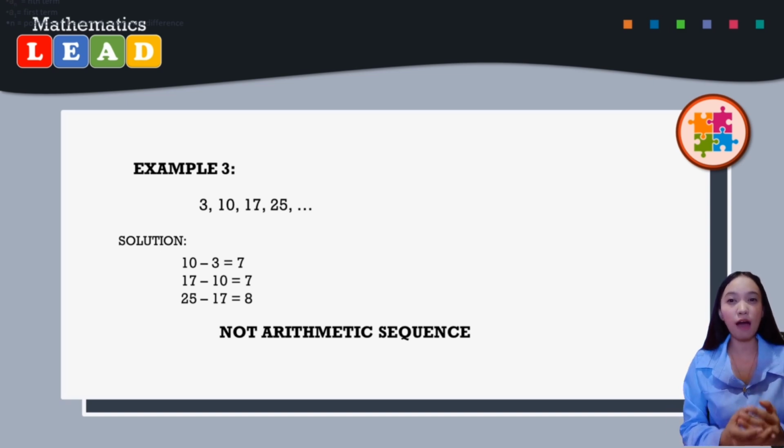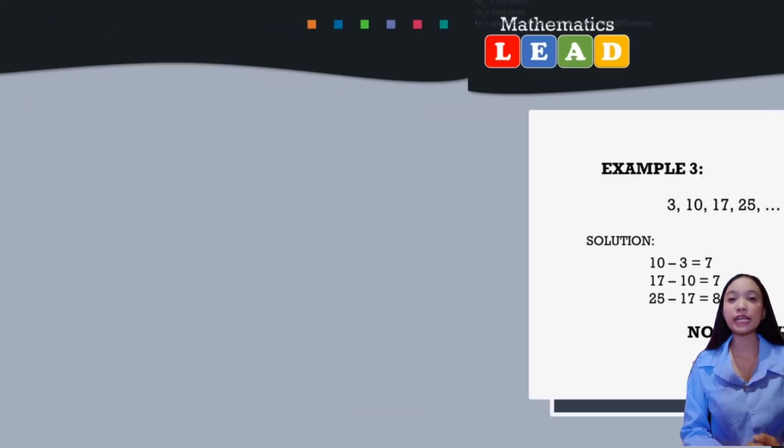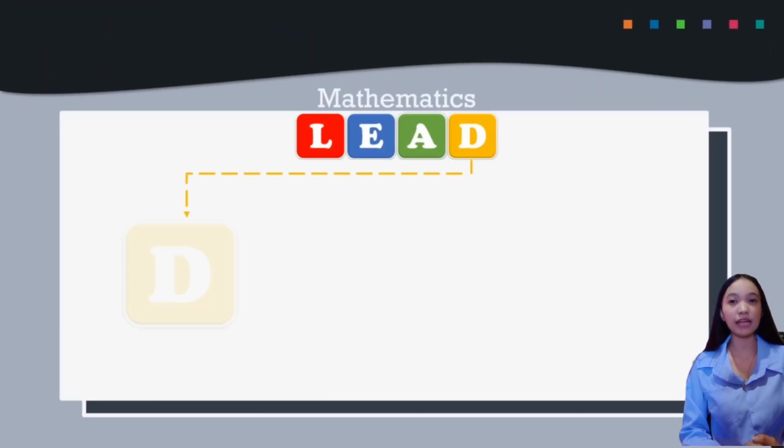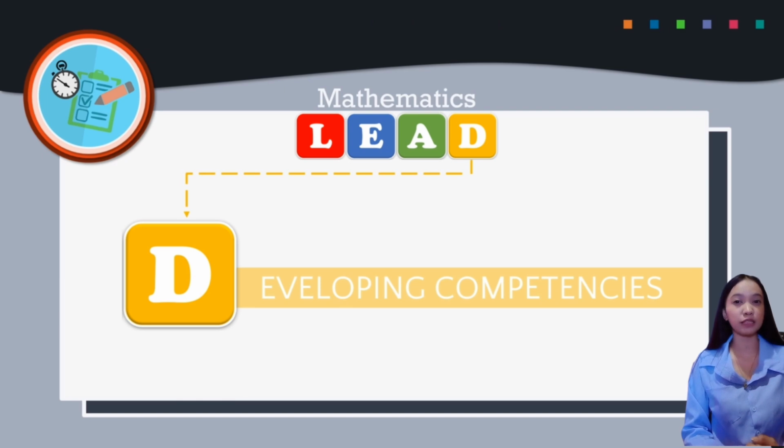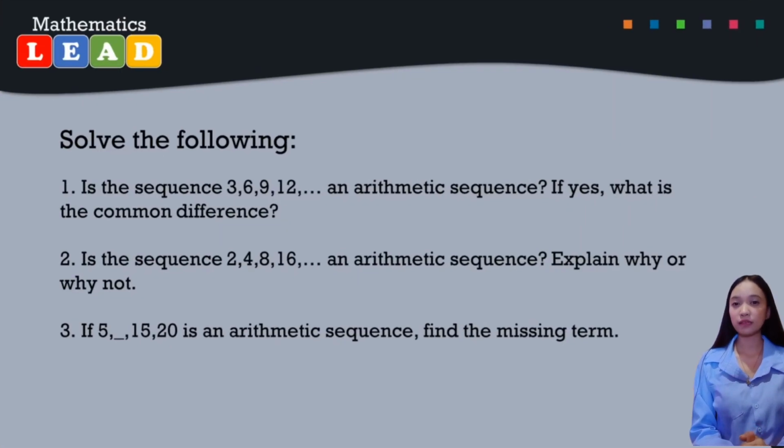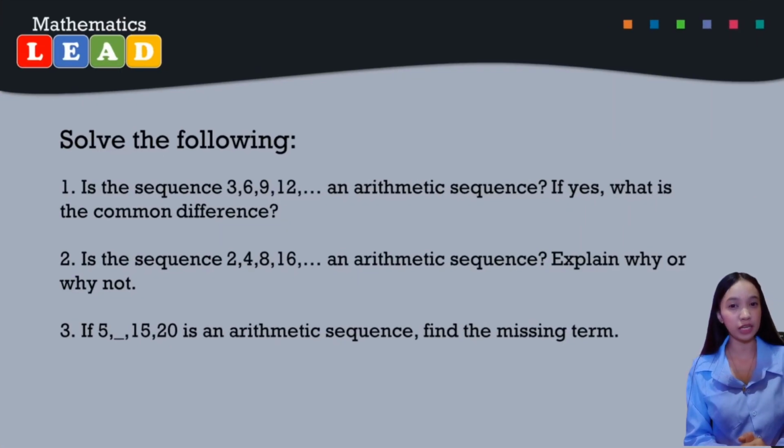Alright, to wrap up this lesson, try solving these problems at home. You can send your answers to me at hernandezgilmarie@gmail.com. For developing competencies, answer the following. Number 1, is the sequence 3, 6, 9, 12, and so on an arithmetic sequence?